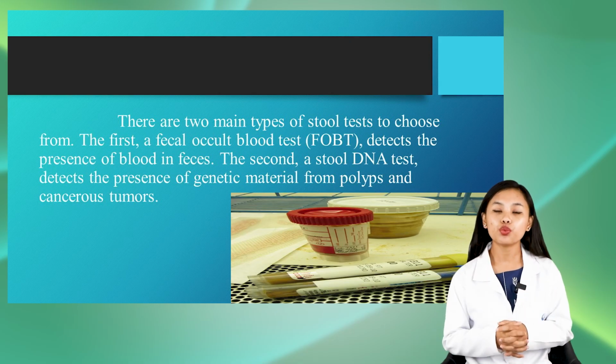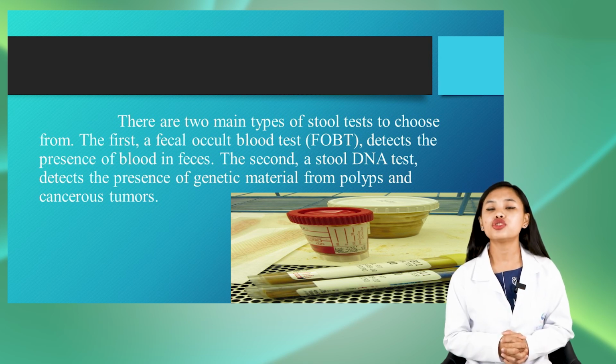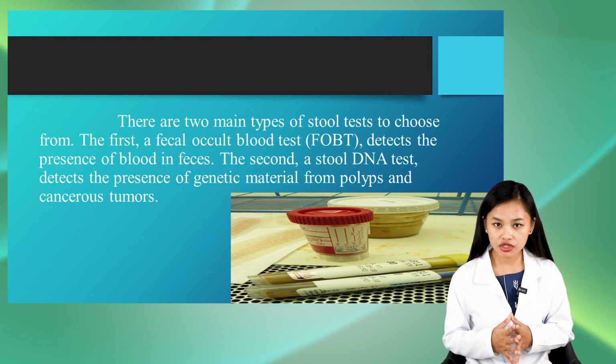Here we will come to know what tests we can perform in order to determine abnormalities as well as to help in diagnosing the condition of the patient. When we talk about these stool tests, there are two main tests from which we can choose.